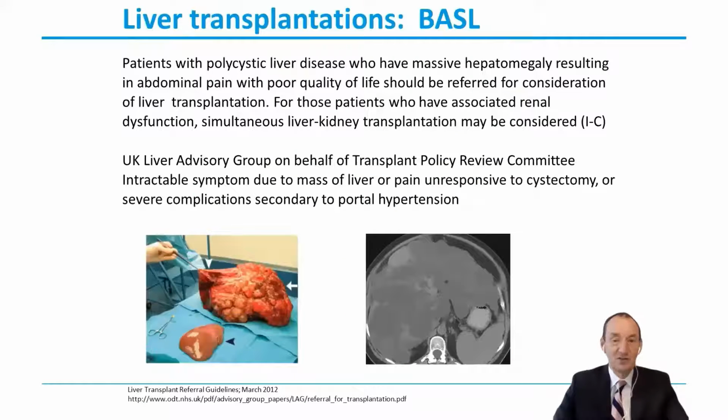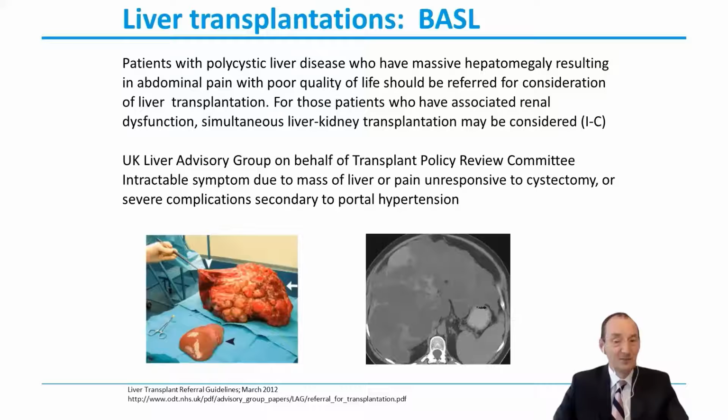The British Association for the Study of Liver Disease finds that patients with polycystic liver disease who have massive hepatomegaly and a poor quality of life should be referred for consideration of liver transplantation.